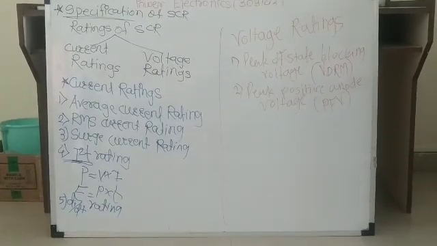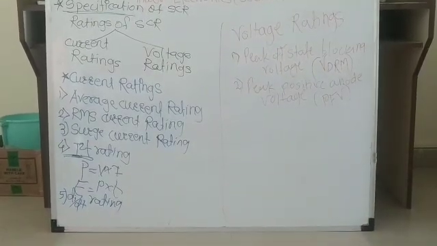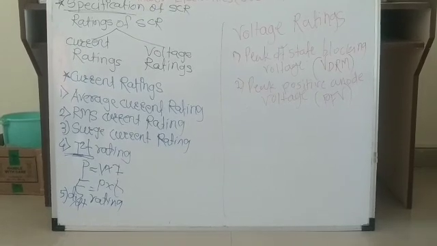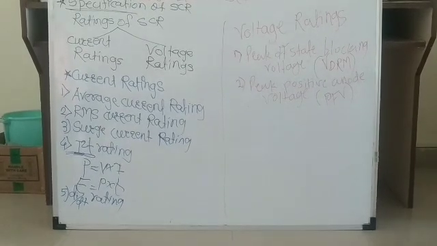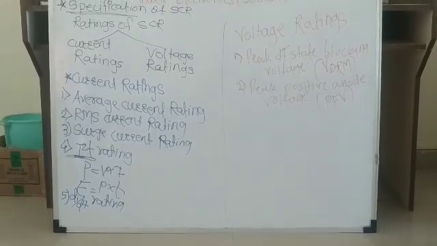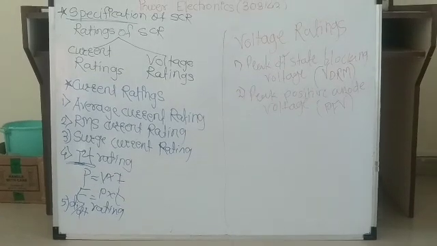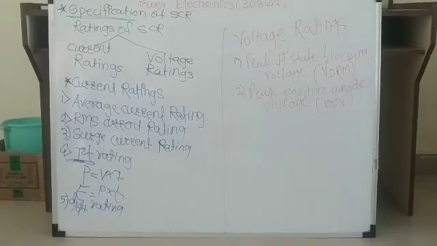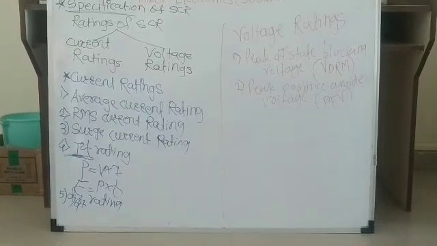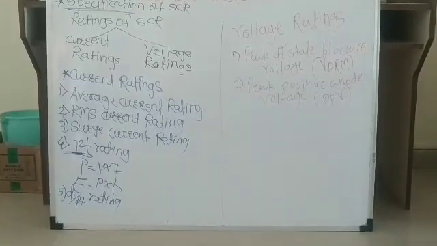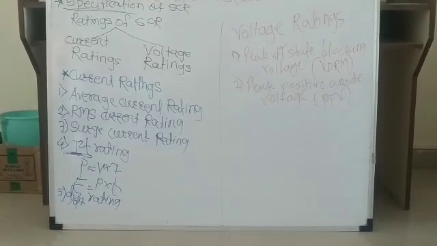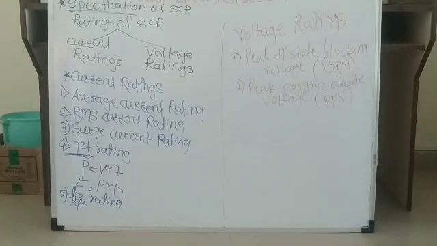This is the maximum voltage, without applying a gate pulse, that we can apply between anode and cathode without damaging the SCR. This is your peak positive anode voltage. If the voltage is higher than PFV, the SCR will be turned on and get damaged accidentally.